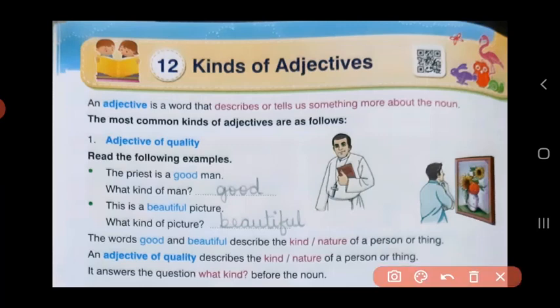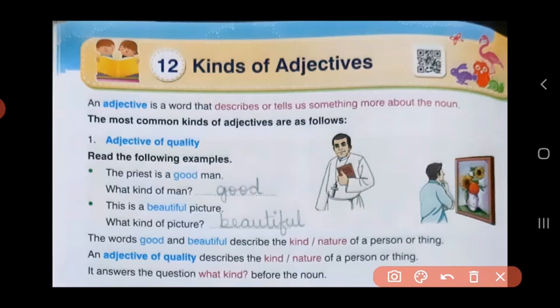Today we will learn about the kinds of adjectives. The most common kinds of adjectives are as follows. The first type is called adjective of quality. Let us see the meaning of this adjective. Read the following examples.